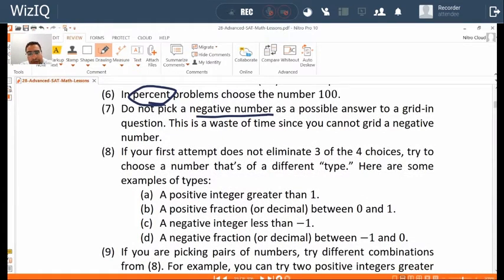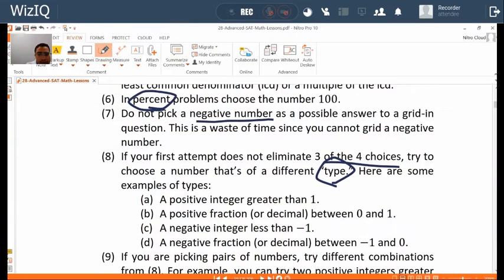Now, sometimes if your first attempt does not eliminate 3 of the 4 choices, try to choose a number that's of a different type. What do I mean by type? We choose, for example, a positive integer greater than 1, or a positive fraction or decimal between 0 and 1.